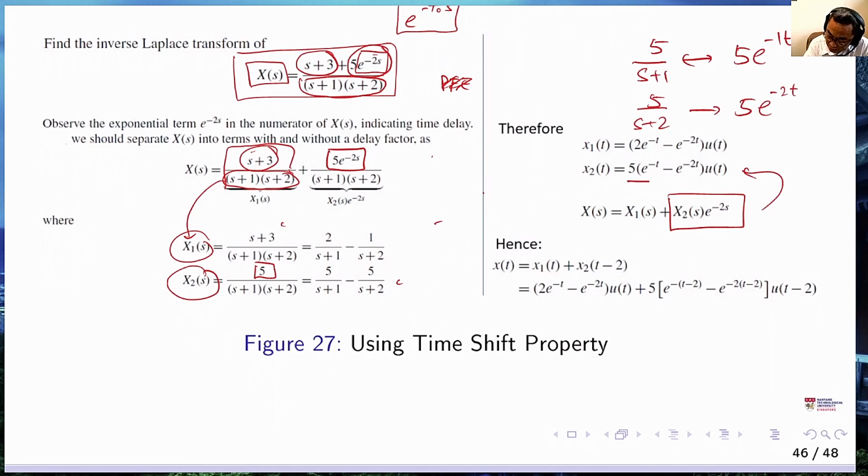So we have 5e to the minus t minus 5e to the minus 2t, times u(t). What about the e to the minus 2s? You will introduce the time delay here. So you have 5e to the minus (t minus 2), and additionally u(t minus 2).